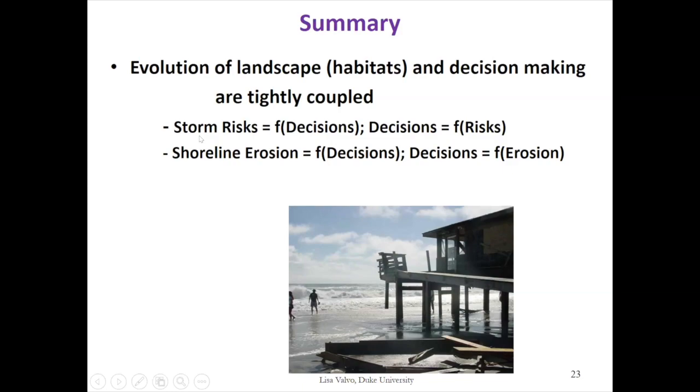So we can just start with the fact that the storm risks and storm impacts, as Laura described, are functions of the elevation and width of the landform, of a barrier landform.